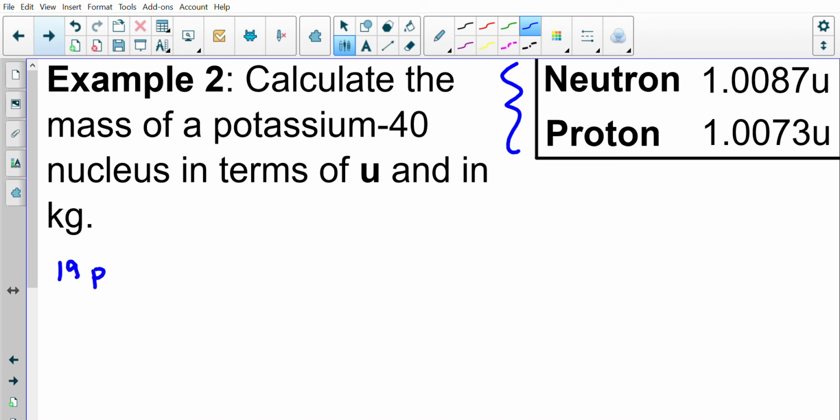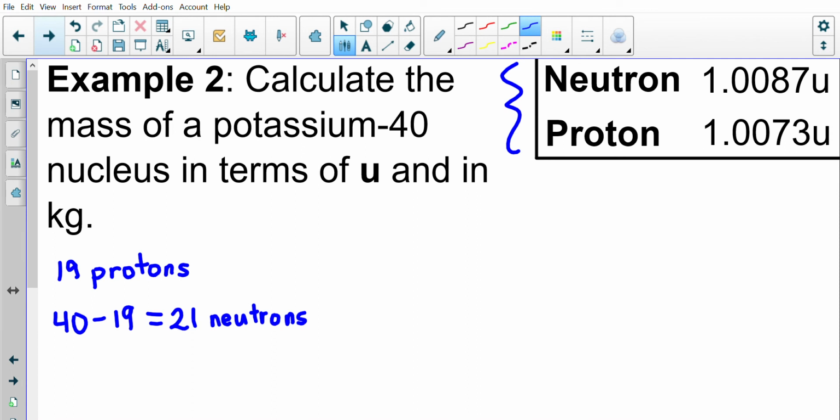So we have 19 protons, and because it's potassium 40, to get the number of neutrons I'm going to do 40 minus 19, and that gives 21. So 19 protons and 21 neutrons.